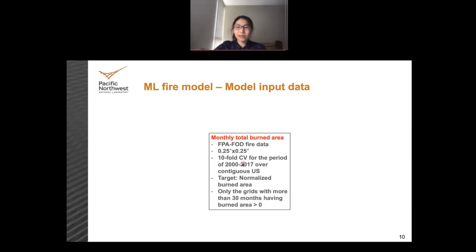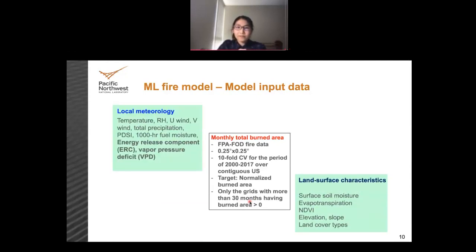And then we use tenfold cross-validation to evaluate the model performance over 2017 over CONUS. Here, we only consider the grids that frequently burn, to make sure the model has enough training data to learn from the fire and the predictors.